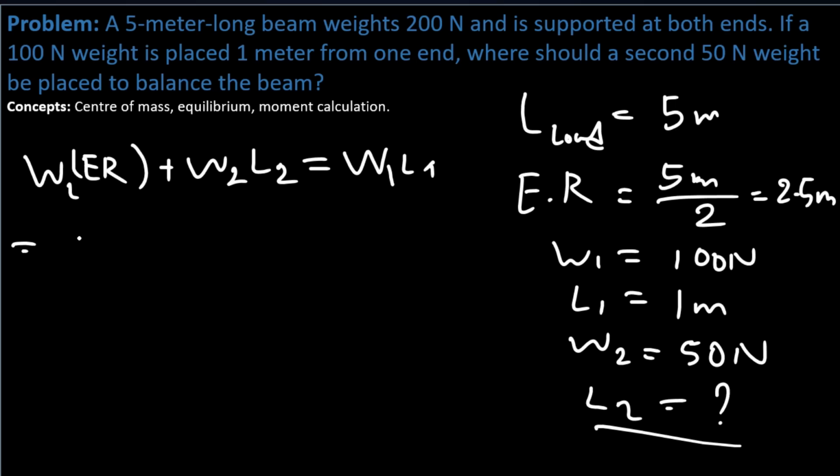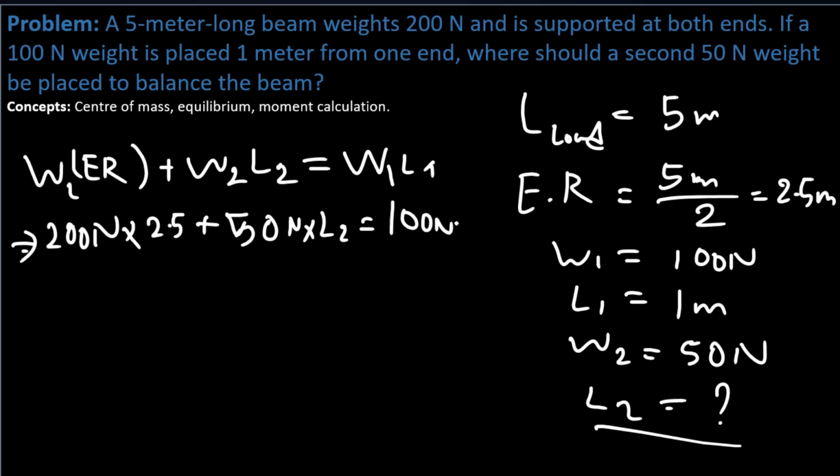So now to calculate. First 200 Newton times 2.5 meter plus W2, which is 50 Newton, times L2, equals 100 Newton times 1 meter.